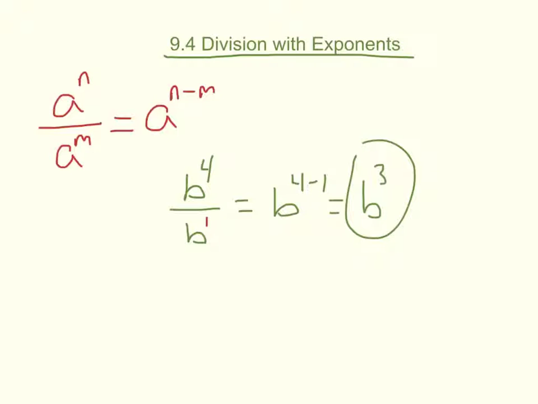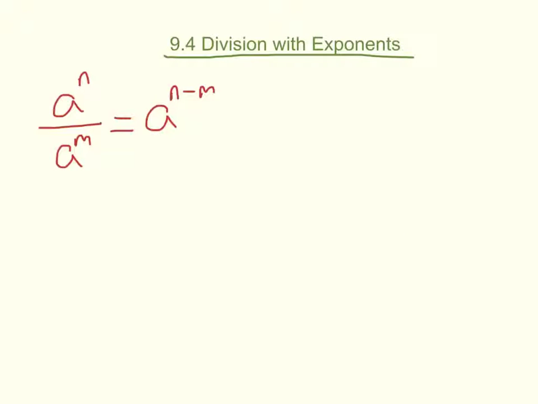Okay? Let's look at something a little bit different. Let's try y to the 3rd over y to the 7th. If I simply follow my rule, the base of y, now some students are going to want to take this minus this, but I've got to keep the exponent on top as my first term.